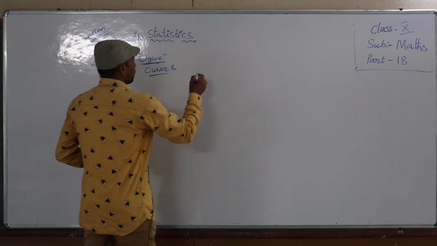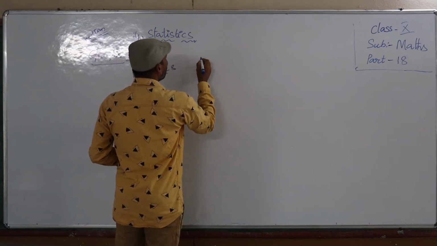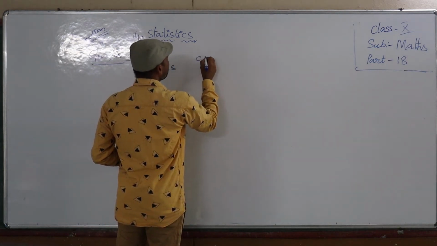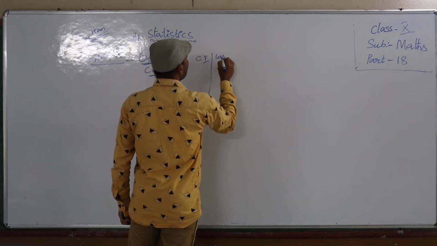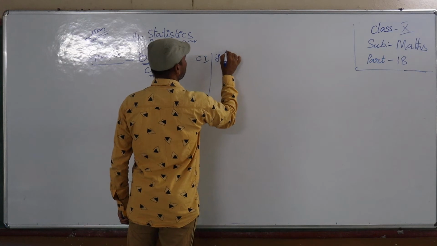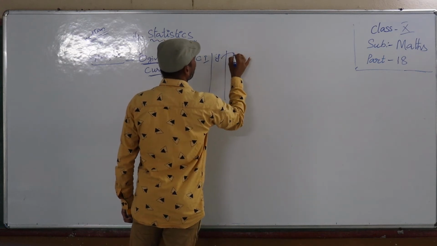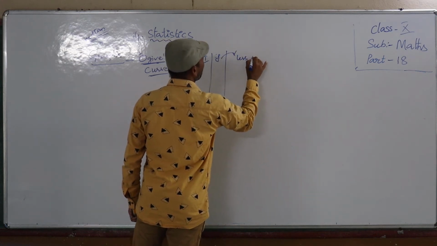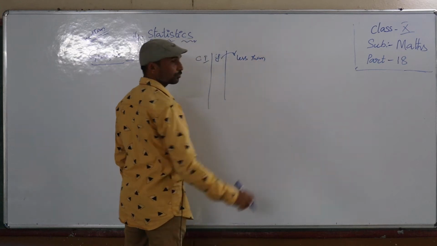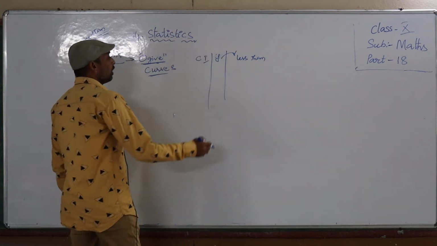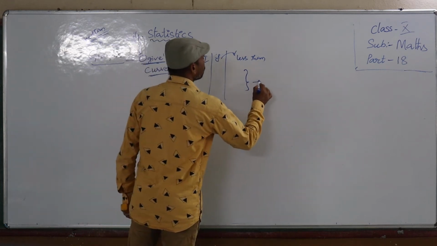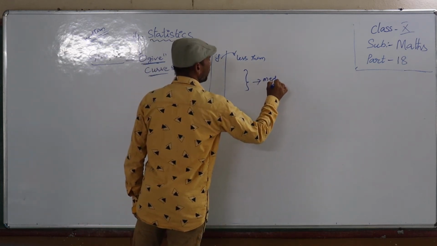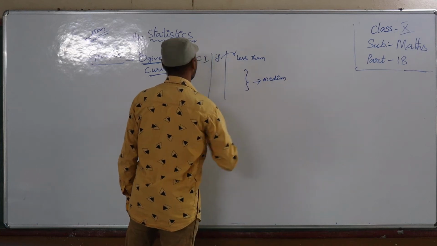The first one is class interval and less than cumulative frequency. They will give the frequency, and we have to find the less than cumulative frequency, and by using this we find the median.